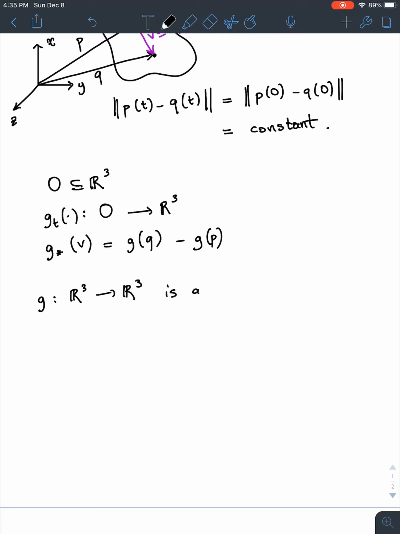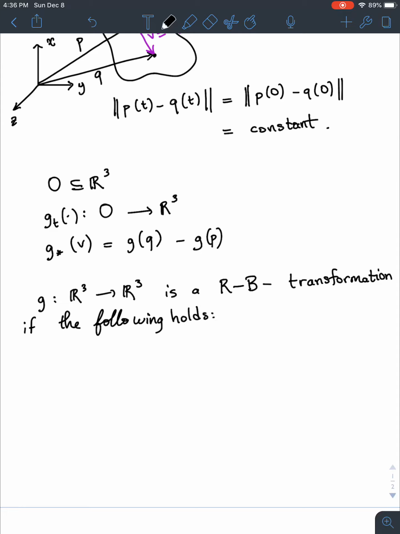This one is a rigid body transformation if the following hold. One of them is that the length is preserved.